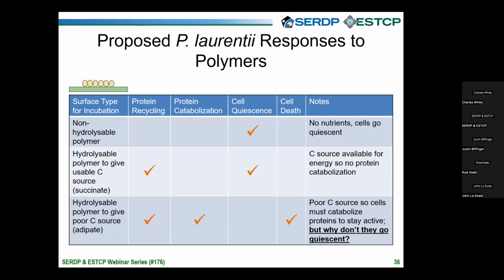For succinate-based polymers, so ones in which we can now hydrolyze the polymer, the carbon source is a viable nutrient source, and we see no signs of catabolism, but yet we do observe degradation and autophagy occurring in the cells. But for adipate, we observe cell death and protein recycling, but for some reason that we're currently looking into, we don't see quiescence, which up until this point is unsolved: why we don't see the cells become dormant when they're receiving a carbon source that isn't as good of a carbon source for survival.